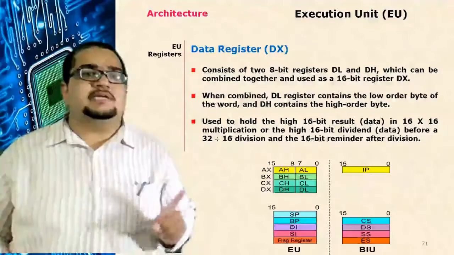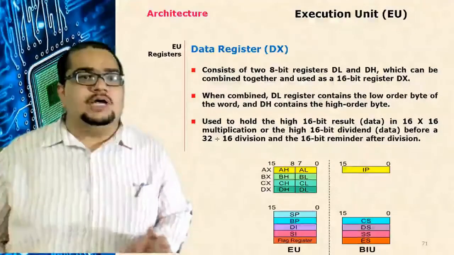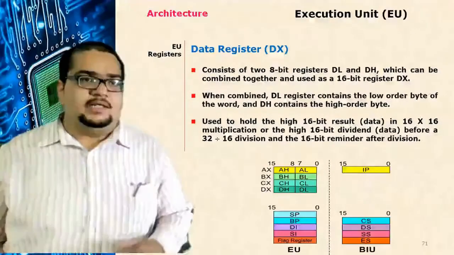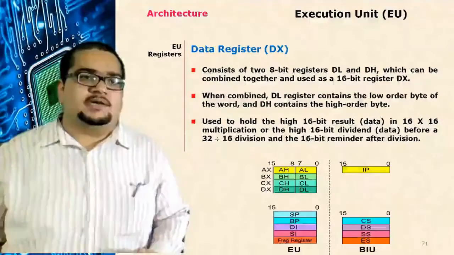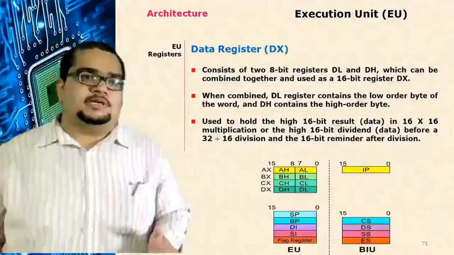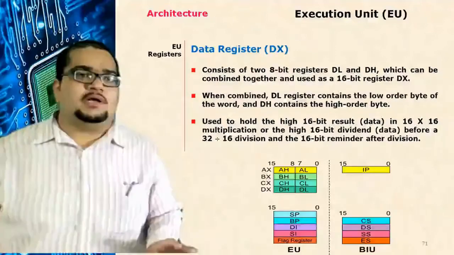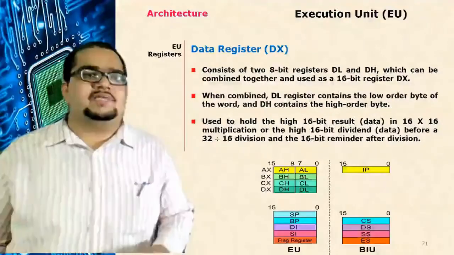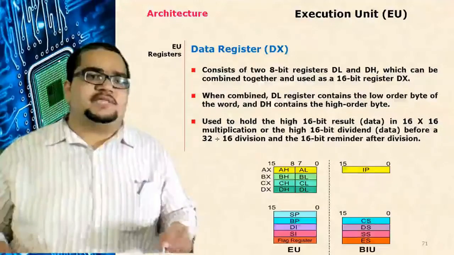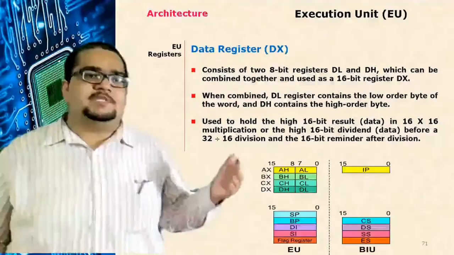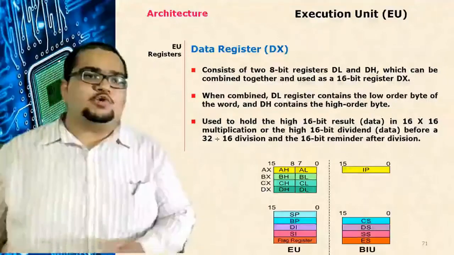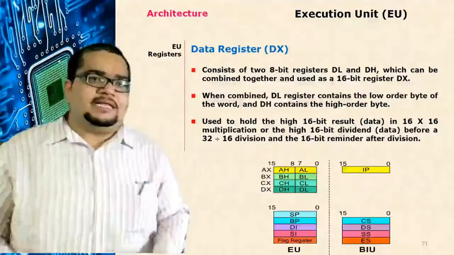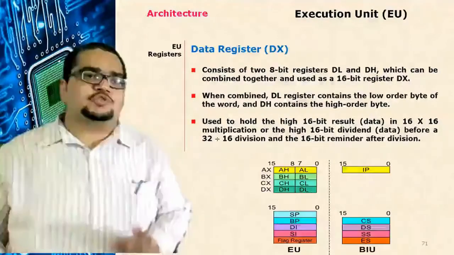In those cases, the DX will act as an extended hand to the accumulator. It gives an extension to the accumulator, so this also becomes a part of the accumulator, where the lower result is stored in the AX register and the higher result in DX. For the 32 bits, from the 0th bit LSB to the 31st bit MSB, bits 0 to 15 will be stored in the AX register and bits 16 to 31 will be stored in the DX register.